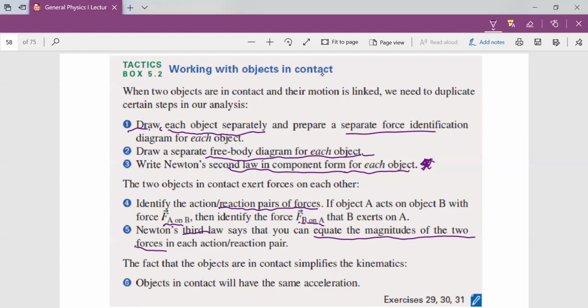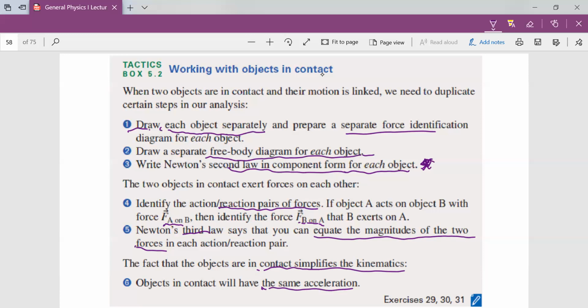Okay. So we'll also look at the very last one, which is the fact that the objects that are in contact, this is simplified kinematics. It means we can easily tell their direction, even if we don't, because when we want to emphasize the forces, we have to separate the objects. But from the description, it's simple kinematics, and we know that objects in contact will have the same acceleration.